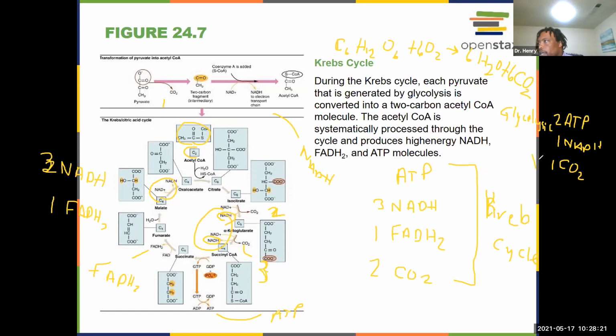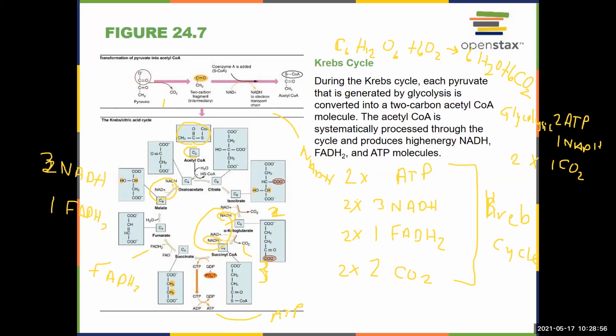So we'll go 2 times here, 2 times here, 2 times here, 2 times here, and 2 times here, because this is for one molecule of pyruvate going in. And we know that we have 2 of them going in that is made from that original sugar. Are you with me? You see where I'm coming from? Yes. Okay, good.